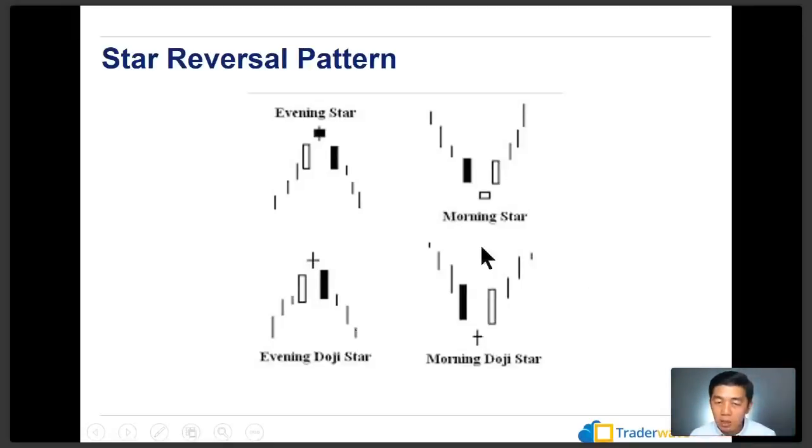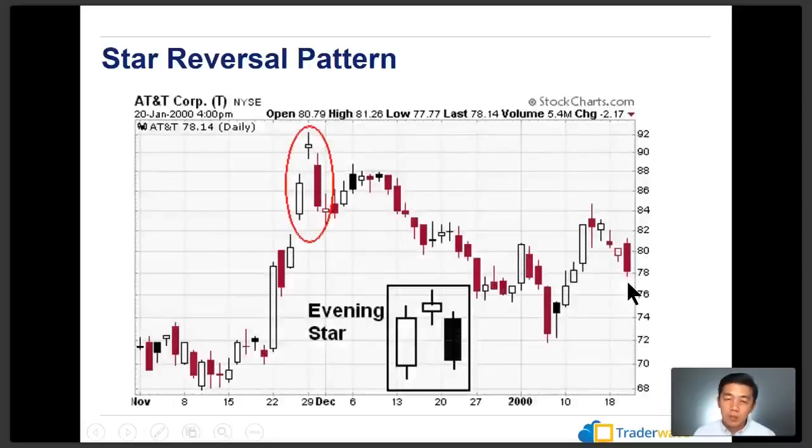So if you see any of these, you could potentially look at trading from the long side or the short side. This is an example of how a star looks on the chart itself. The prior trend was going up. Then on the first day, you see a long white candlestick. On the second day, you see a star coming out with a small body and wicks on top and below.